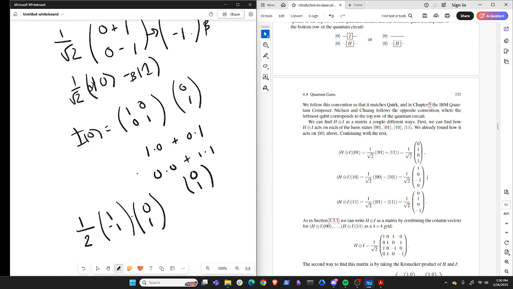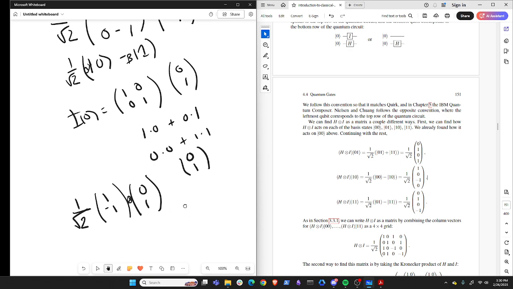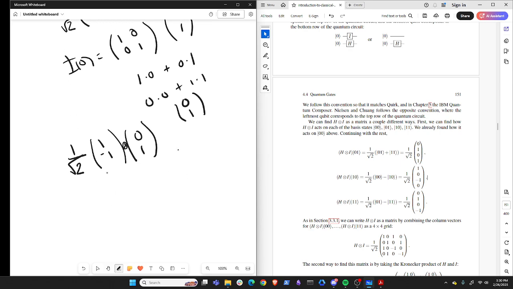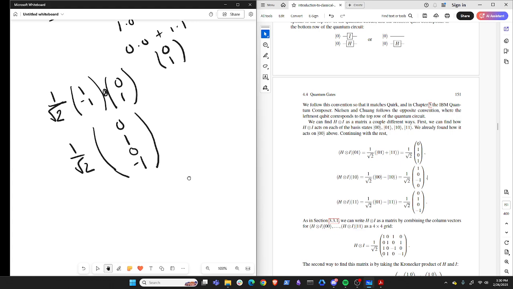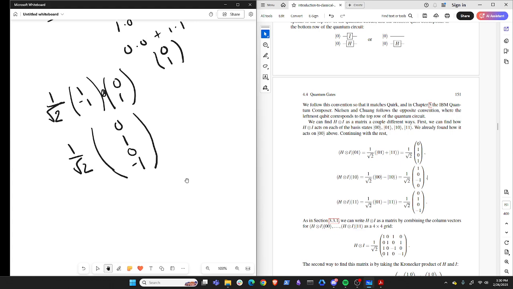This is going to be a tensor product. So we will come in and do our Kronecker product, 1 over square root of 2, 0, 1, and then 0, negative 1. So that's the superposition that results in, oh, actually, I got that backwards.